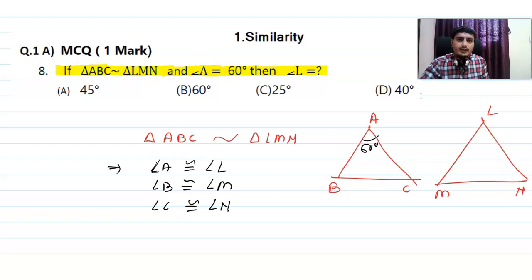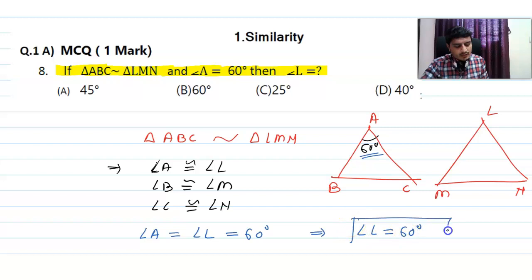Congruent means they have equal measures. So angle A equals angle L, and angle A is already given as 60 degrees, which implies the measure of angle L is 60 degrees. Look at the choice codes: the correct choice code is B.